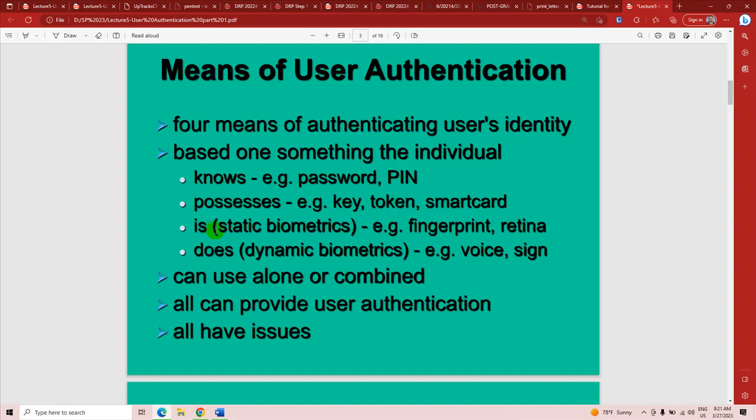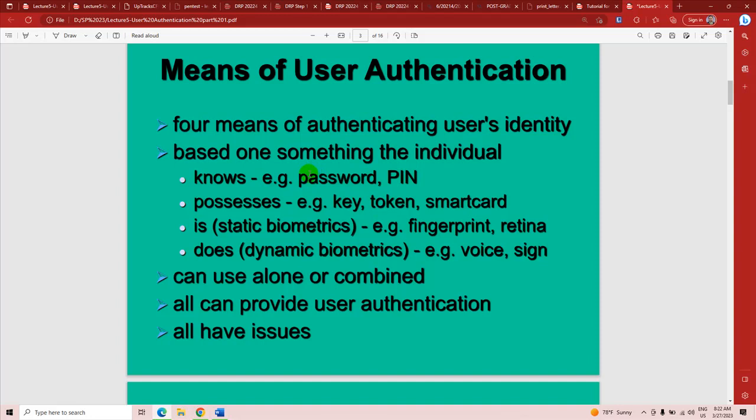And then the third one is something we are, which is already inbuilt in our body, like fingerprint, eye, retina. There is another type of eye scan, iris, and retina. Then something we do, like signature, voice. So these are the different types of authentication.